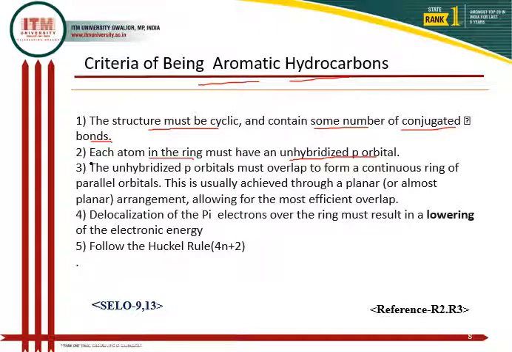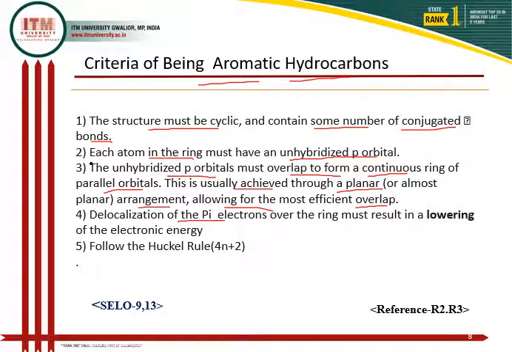The unhybridized p orbitals in the ring must overlap to form a continuous ring of parallel orbitals, as you have seen in benzene. This is usually achieved through a planar, or flat, arrangement, allowing for the most efficient overlap.